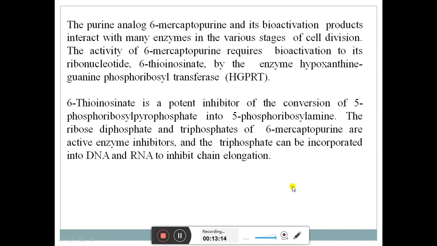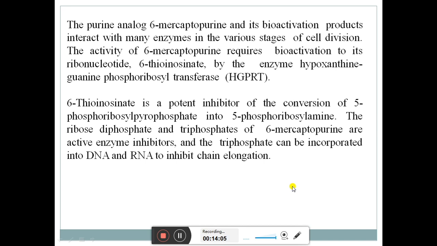So this is one of the inhibitors, that is, 6-thioinosine is a drug which inhibits the conversion of 5-phosphoribosyl pyrophosphate into 5-phosphoribosyl amine.